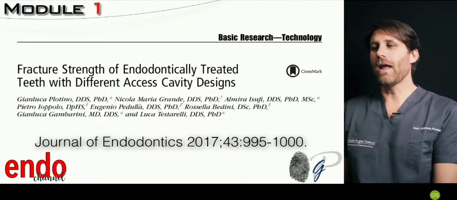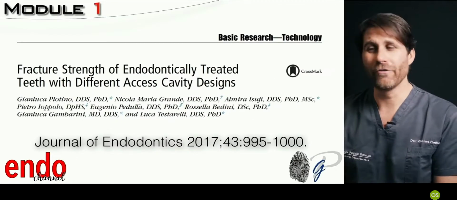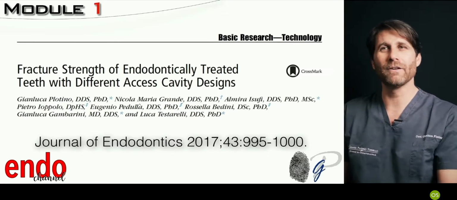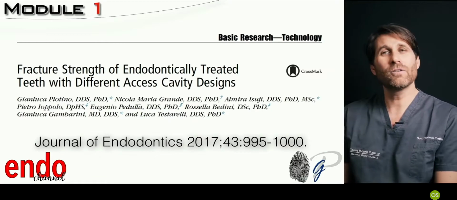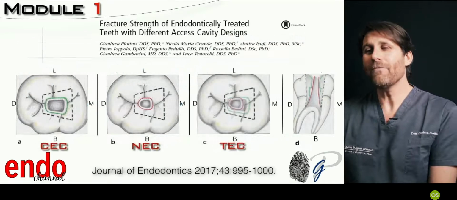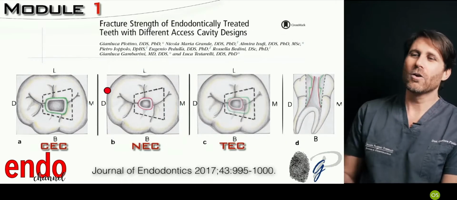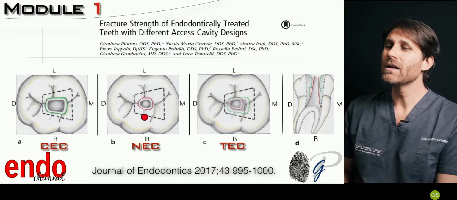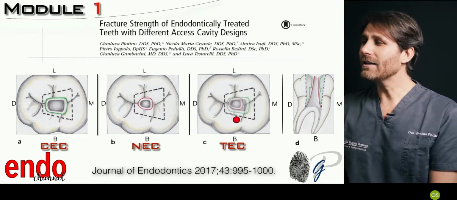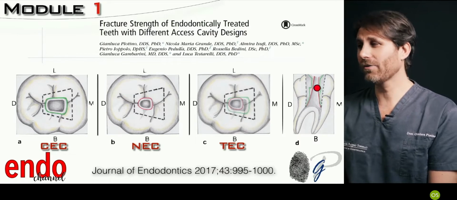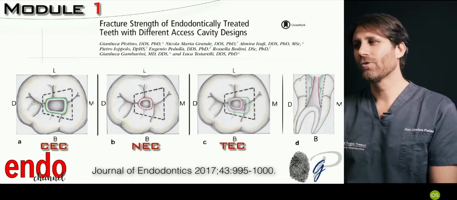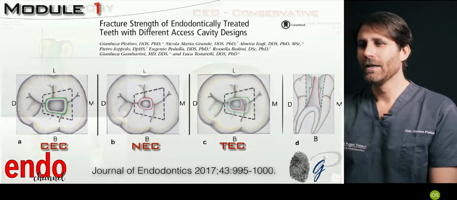And this is the article that was the basis of everything, published in 2017 in the Journal of Endodontics, in which we have demonstrated in vitro what's best for our access cavity. We have performed different access cavities: conservative endodontic cavity in green, Ninja ultra-conservative endodontic cavity in red, and then a traditional endodontic cavity. You can see from the axial shape of these cavities the difference in maintaining tooth structure and dentin.